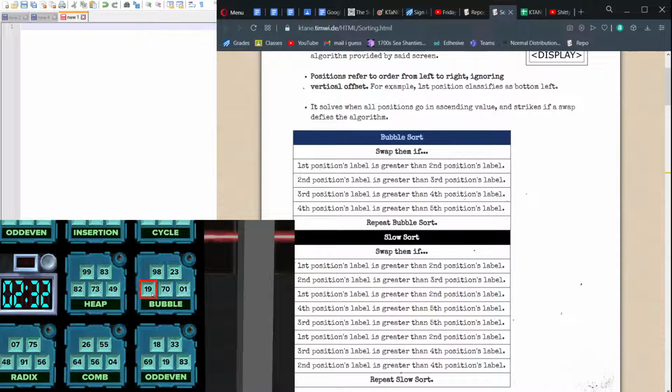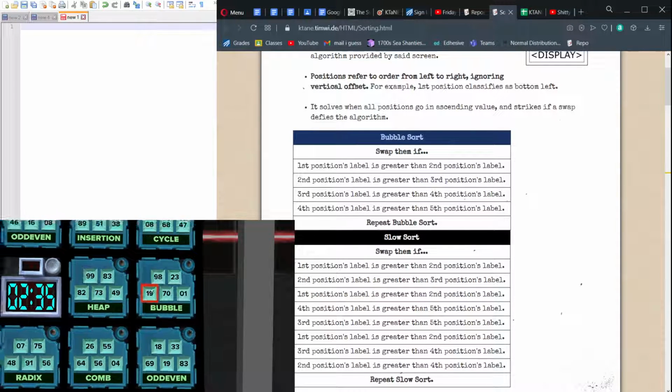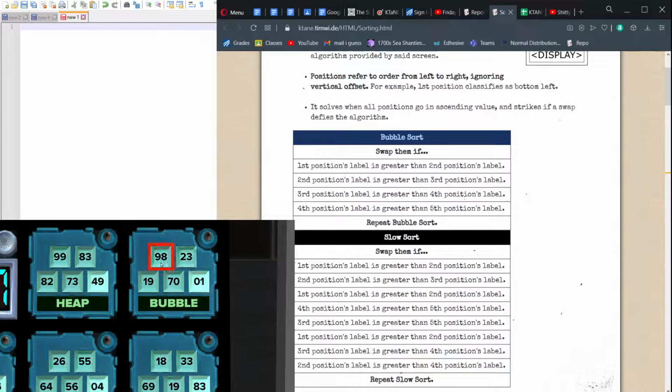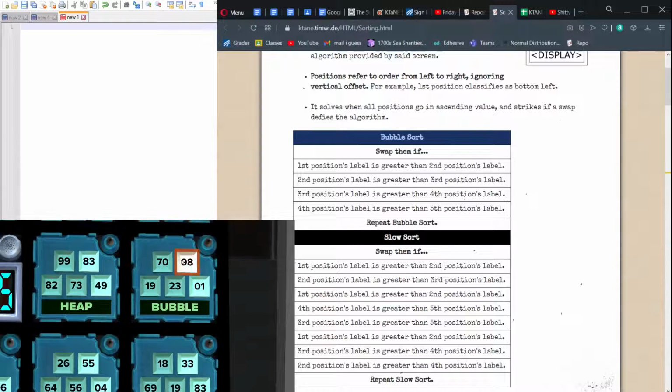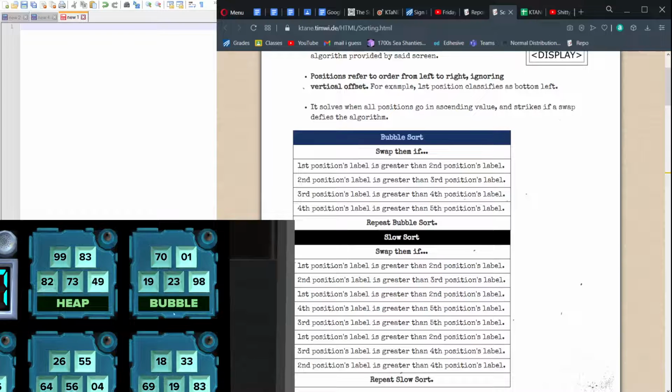You'd repeat that until sorted. In this case, we check 19 and 98. 98 is higher, so we don't swap these two. 98 is higher than 70, so we swap this. Same with 23, and same with 1. And then we go back to the beginning. 19 is not greater than 70, so we ignore it. However, 70 is greater than 23, and 1.